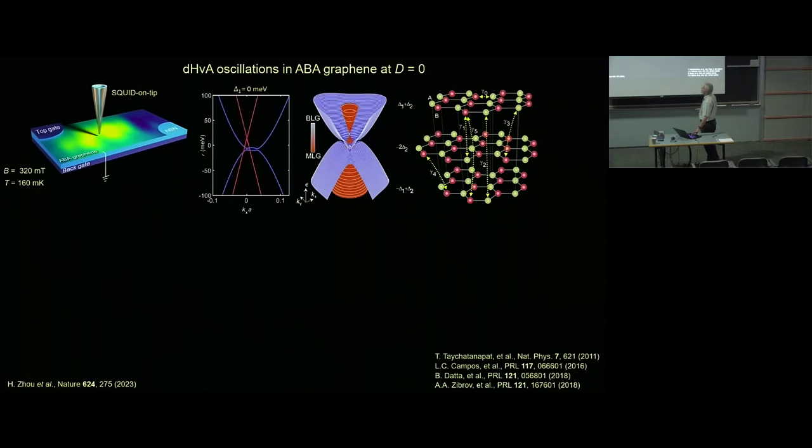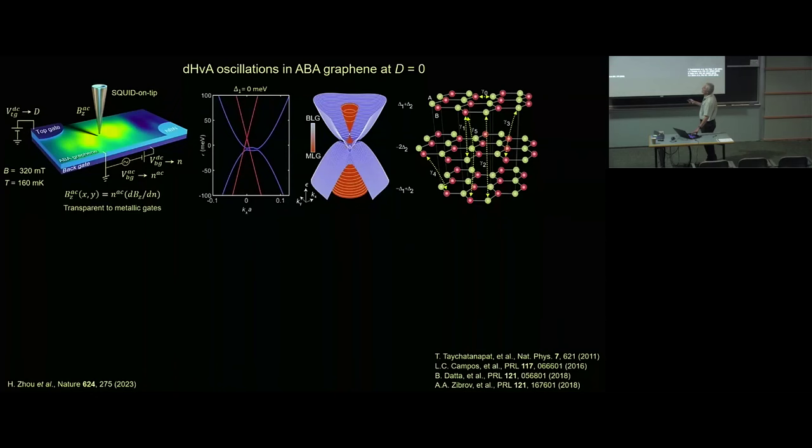We short the sample, so we have no currents in the sample. We ground the sample, we apply a backgate, which defines the overall carrier concentration, and we apply a small AC voltage to modulate the carrier concentration. And what we measure is the corresponding change in the local magnetic field due to this small modulation.